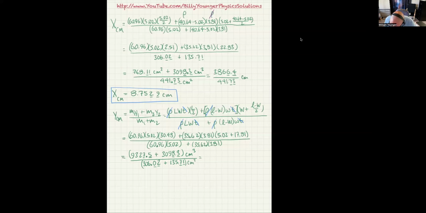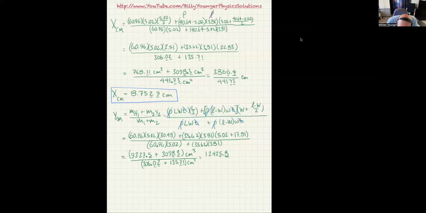Now, if I add the 9327.5 and the 3098.3, that's only good to the tens place, but I get 12,425.8. But the ones place and the tenths place do not count.